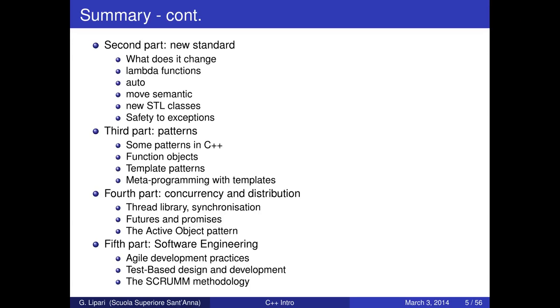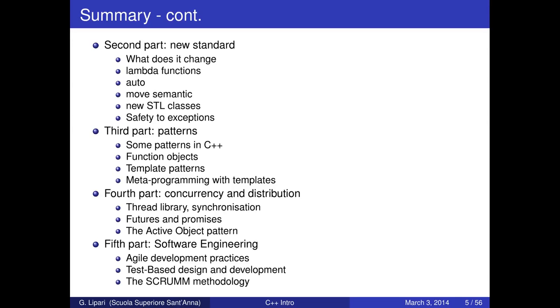In particular, the introduction of the auto keyword, the introduction of lambda functions, and move semantics, which makes things a little bit more complicated than necessary in some cases. There are also some new standard template library classes, for example for concurrent programming with threads, or for automatic pointers. And then safety: we are going to discuss a little bit safety with respect to exceptions.